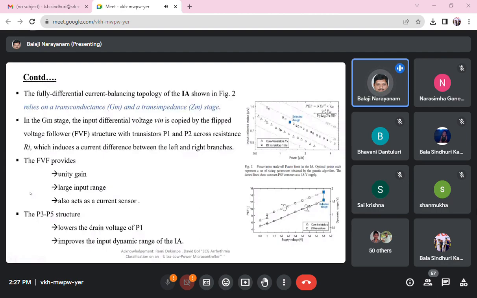The adjacent figure 3 shows the power noise trade-off in the instrumentation amplifier, in which optimal points represent a set of sizing parameters obtained by the genetic algorithm. The dotted line shows the constraint PEF contours at a particular supply voltage of 1.8 volts, which you can see in the plot.